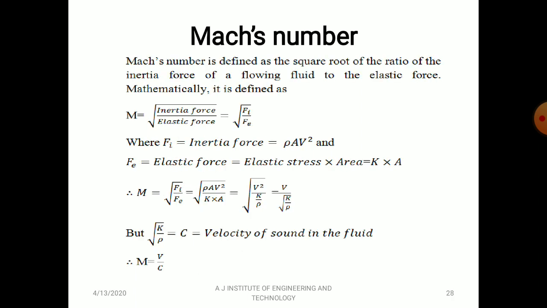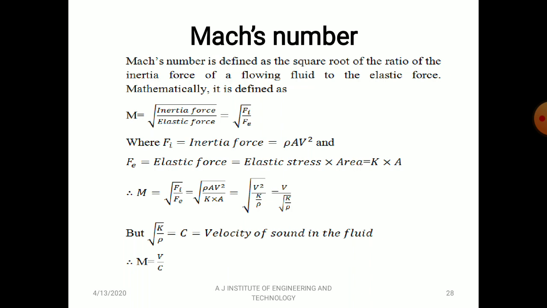Next, last one, Mach number. I already discussed Mach number in the fifth model, compressible flow. Mach number is defined as the square root of the ratio of inertia force of a flowing fluid to elastic force. Mathematically, M equal to square root of Fi divided by Fe, where Fi is inertia force, equal to rho A V square, and Fe is elastic force.